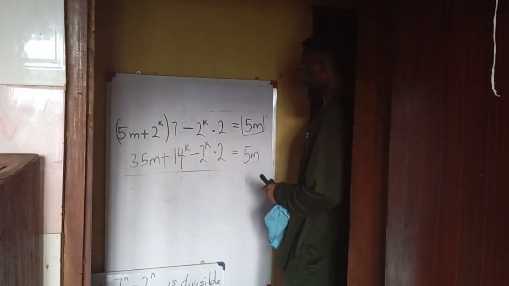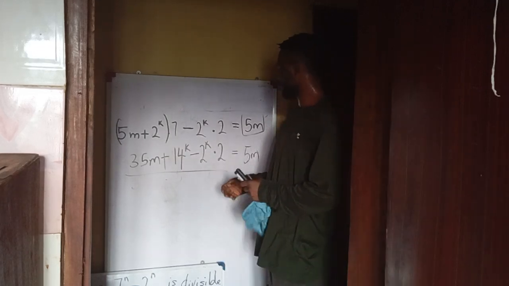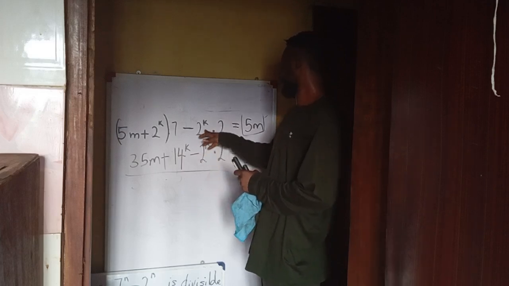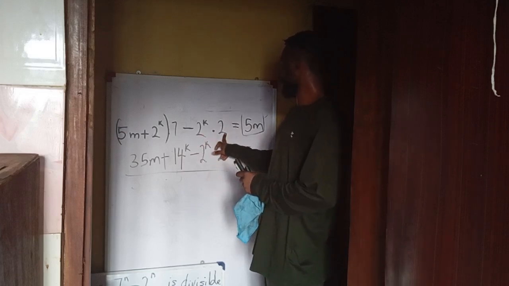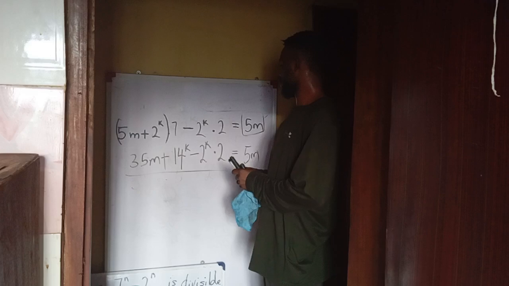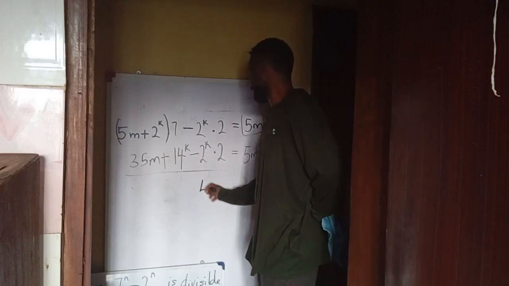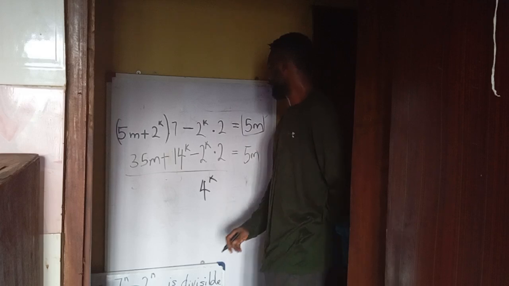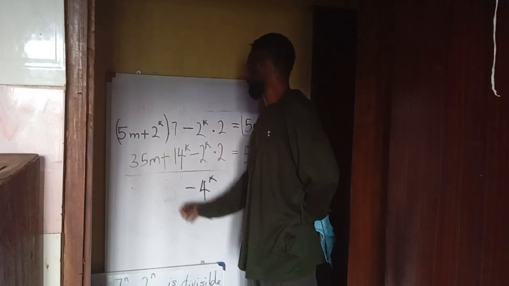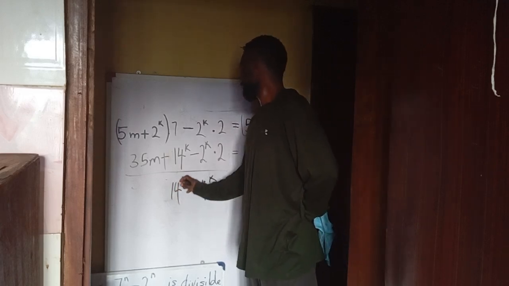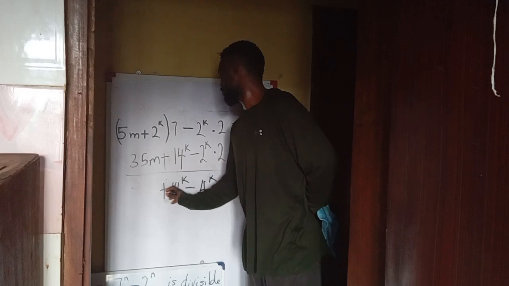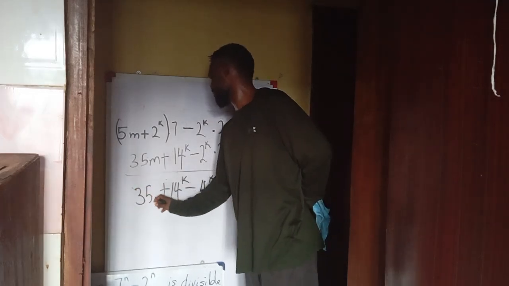So let's check something. Where I have 2k times 2k, this should give me around 4 raised to power k minus 14 raised to power k plus 35n.